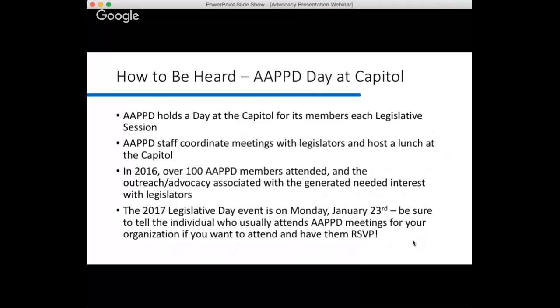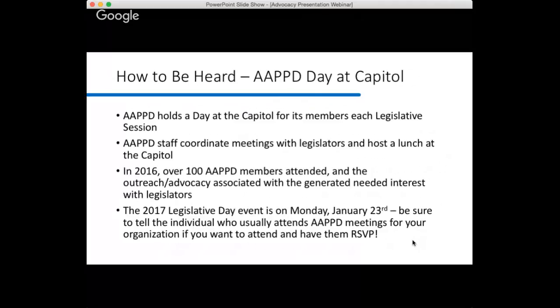In 2016, we had over 100 APAD members attend, and the outreach and advocacy associated with the event generated really needed interest with legislators. So the event went very well, was super effective, and we heard from attendees that the meetings and that scheduling component went really smoothly. So we are hoping to repeat that in 2017.